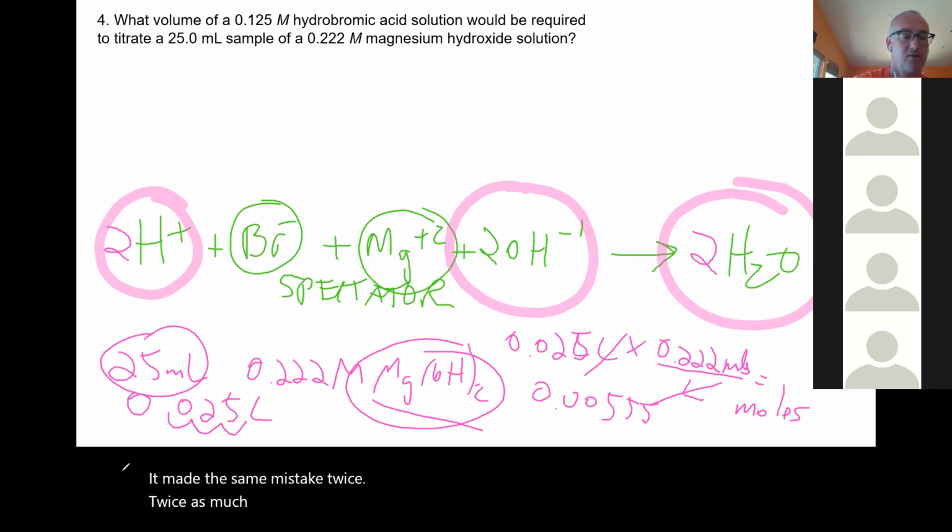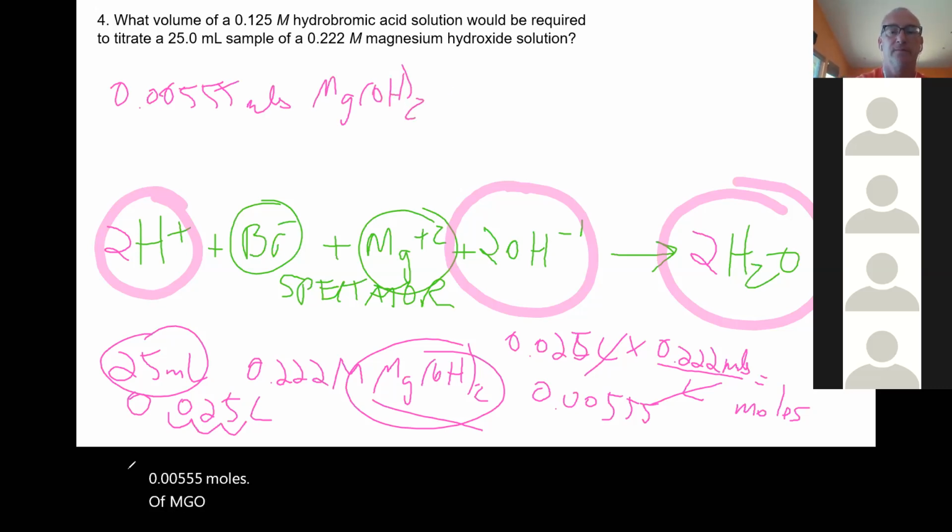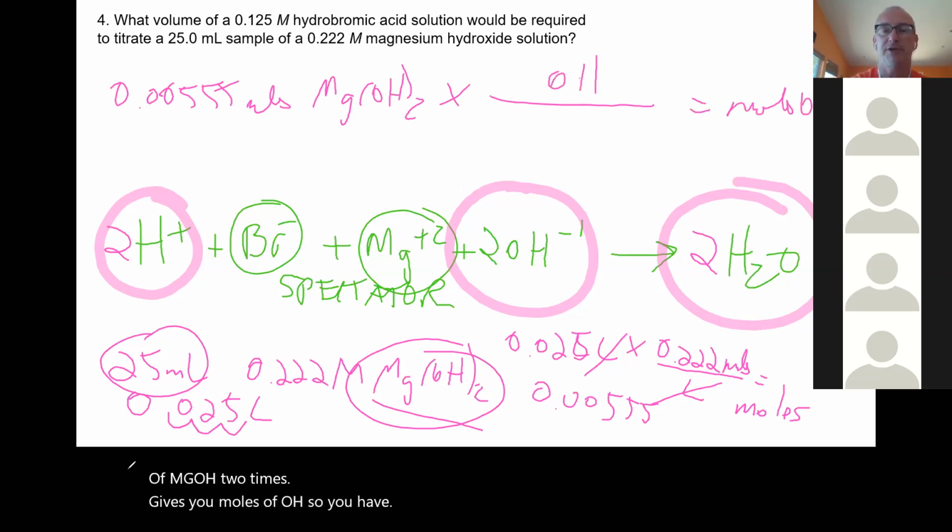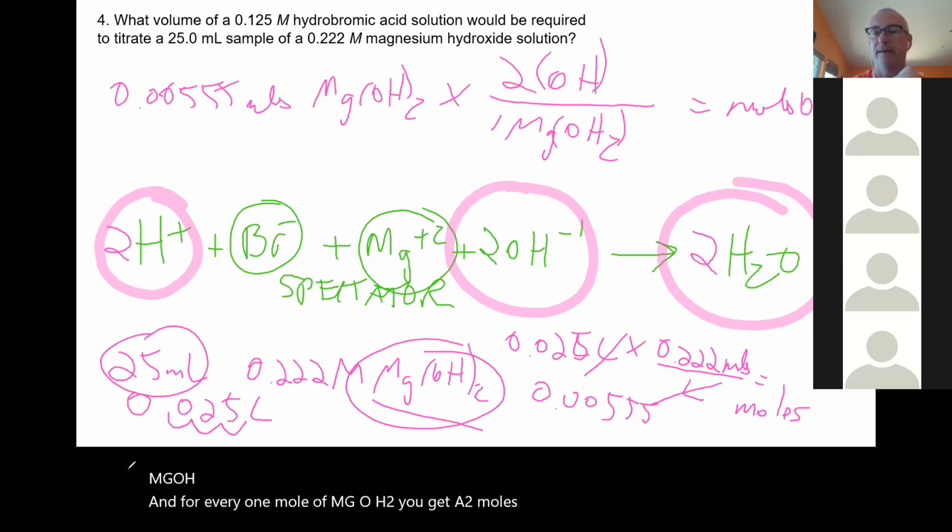Because 0.00555 moles of Mg(OH)2 times OH over Mg(OH)2 gives you moles of OH. For every 1 mole of Mg(OH)2 you get 2 moles of OH, right? So we have twice as much.